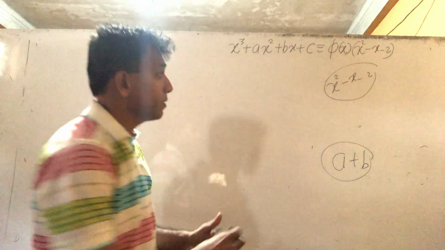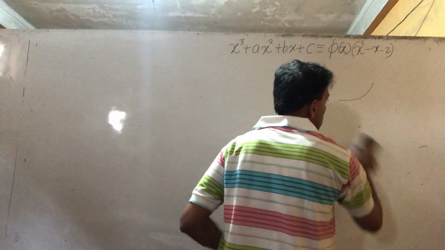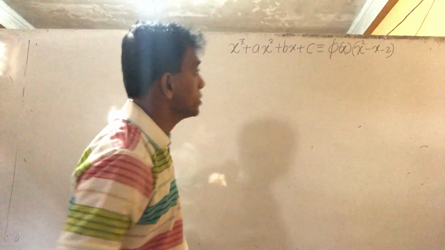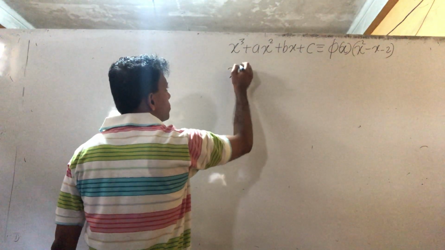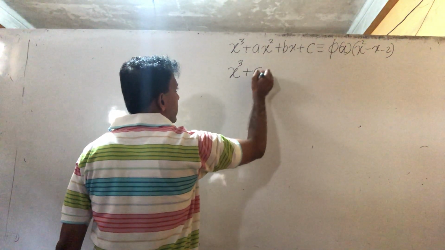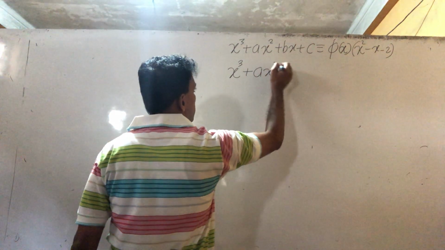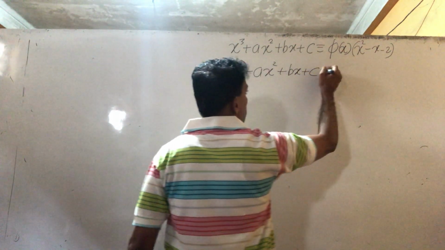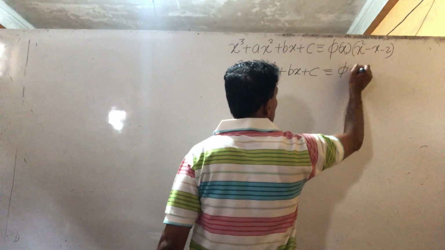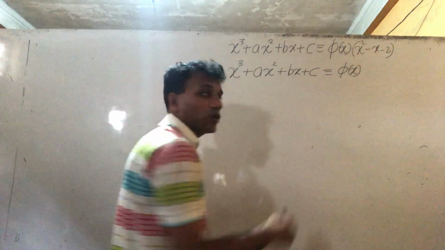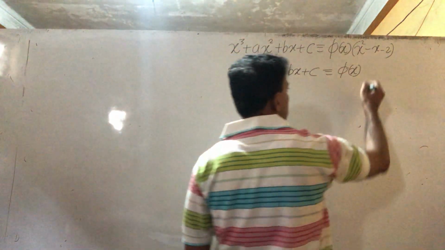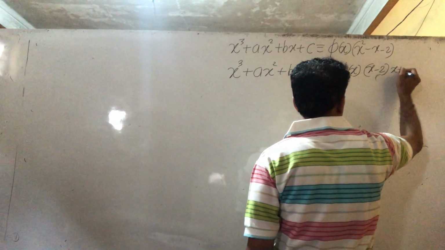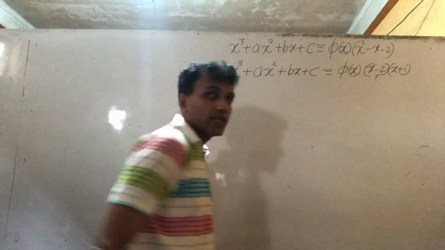Now you can factorize that, your simple primary work of factorization. x cube plus ax square plus bx plus c equals quotient into the factors x minus 2 and x plus 1, right?